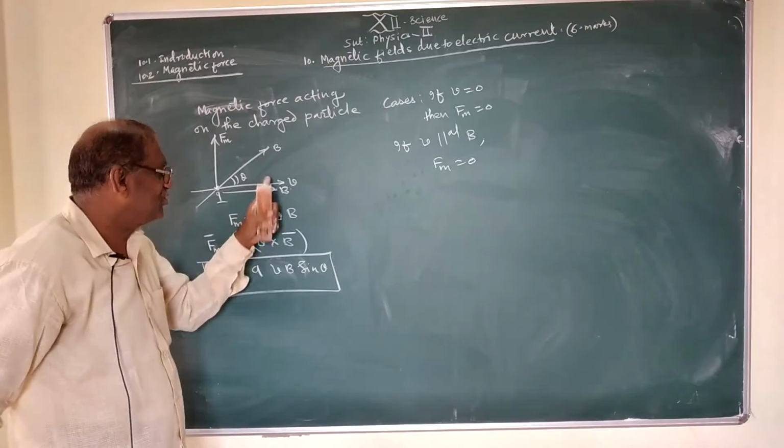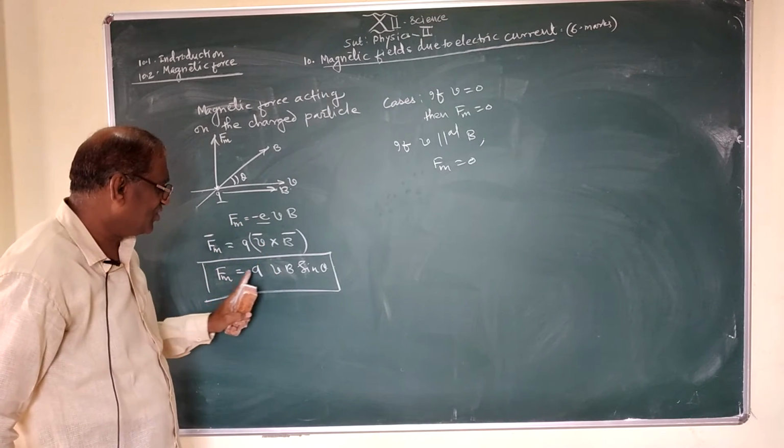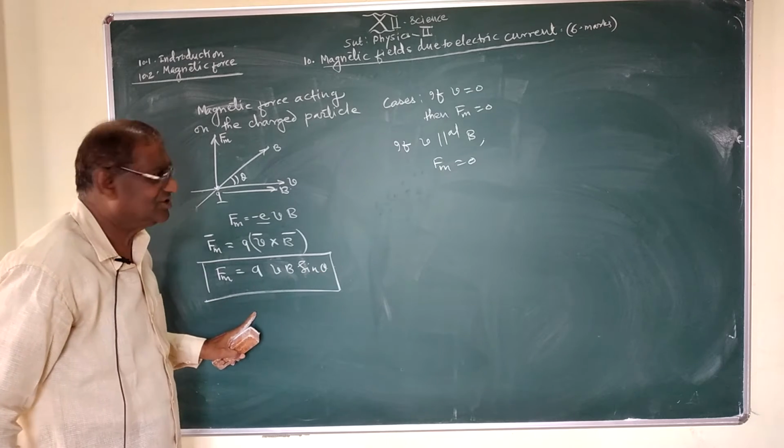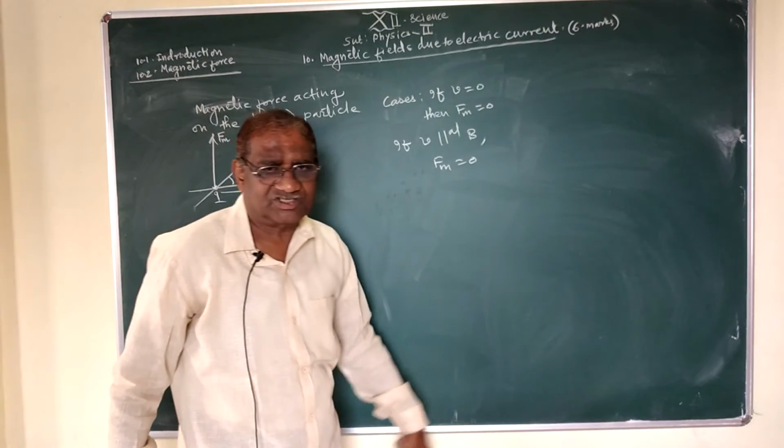If theta is 0 or 180, then Fm is equal to sin 0, which is 0, so Fm is equal to 0.